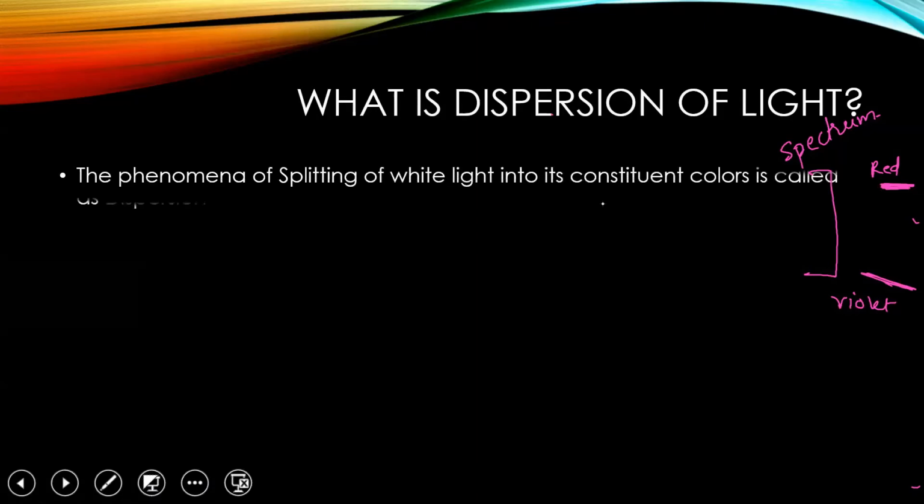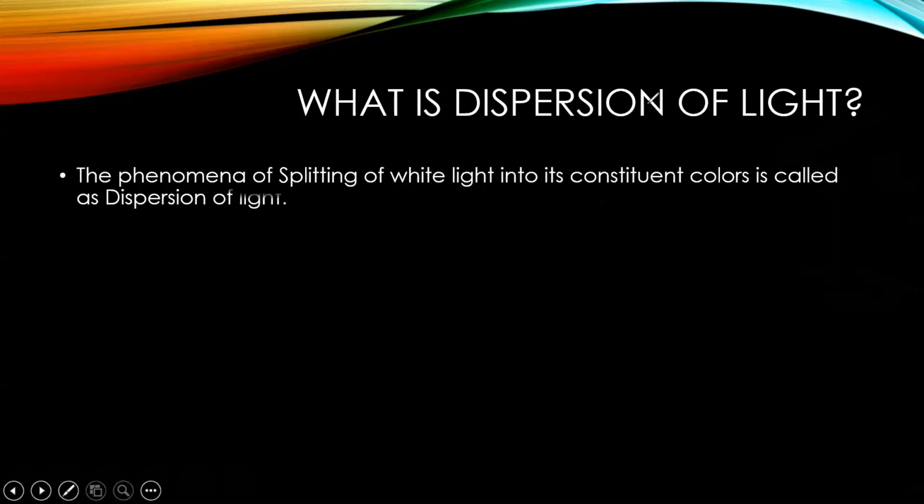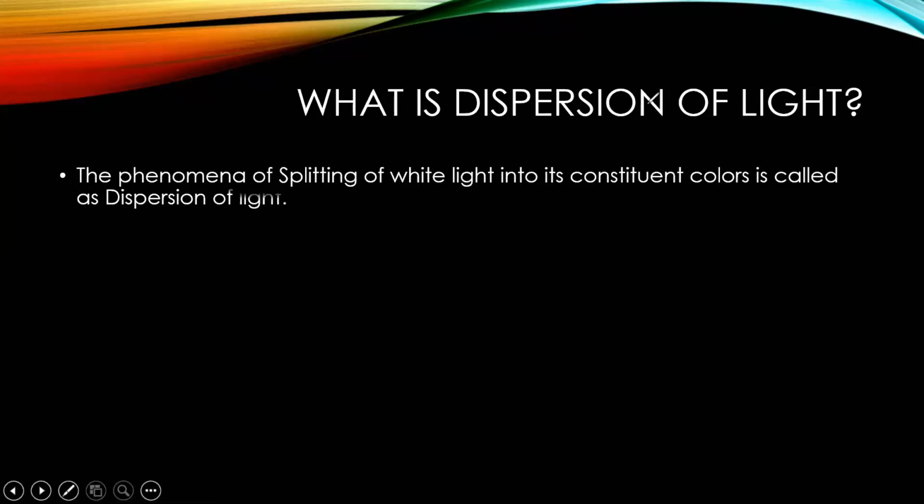Now, what is dispersion of light? We just saw. So if a question comes, define dispersion of light, okay, you will have to write: the phenomenon of splitting of white light into its constituent colors is called dispersion of light.